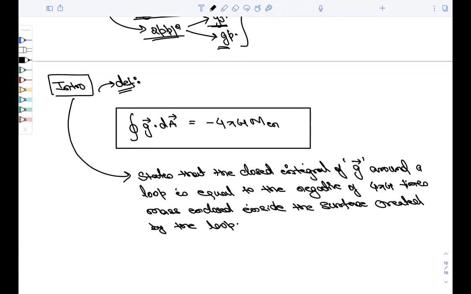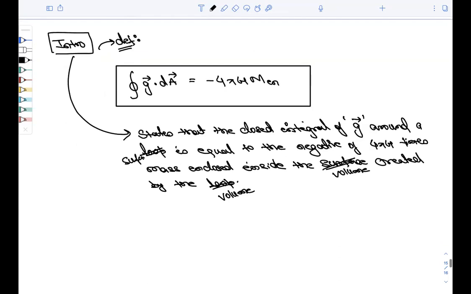Okay, sorry, inside the volume around a surface. So if this is the surface that I am talking about, then whatever mass is enclosed inside it is what we need, right? So this you need to understand.